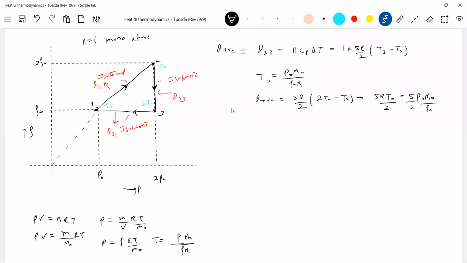Next after this, Q negative, where heat is rejected. Heat is rejected in both Q12 and Q31. For the isothermal process, what is Q equal to? Number of moles n, R, temperature T naught, log of V2 by V1. n R T naught, what can we write again?